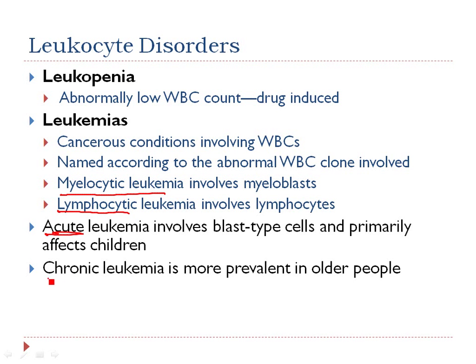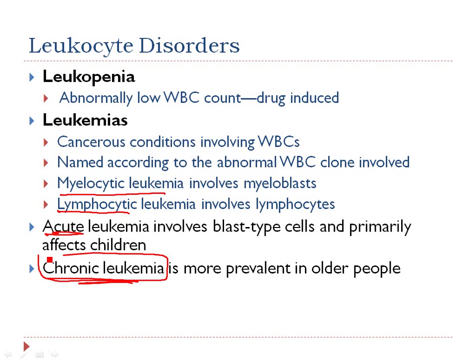Acute versus chronic leukemias. Acute leukemias mean these cells are dividing very rapidly, growing to excessively high numbers very, very quickly. They tend to make you ill very quickly, and if untreated, most of them are going to be fatal pretty quickly. Chronic leukemias are more slow.